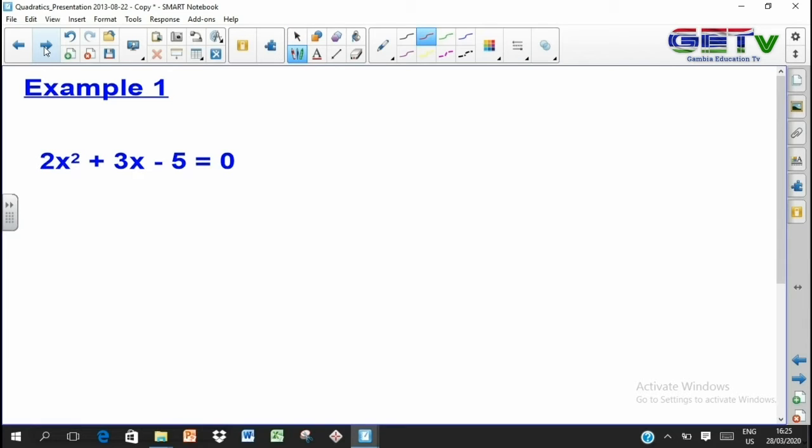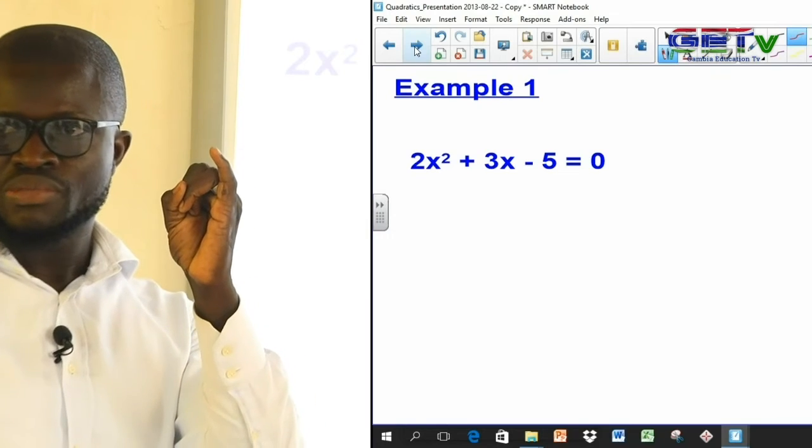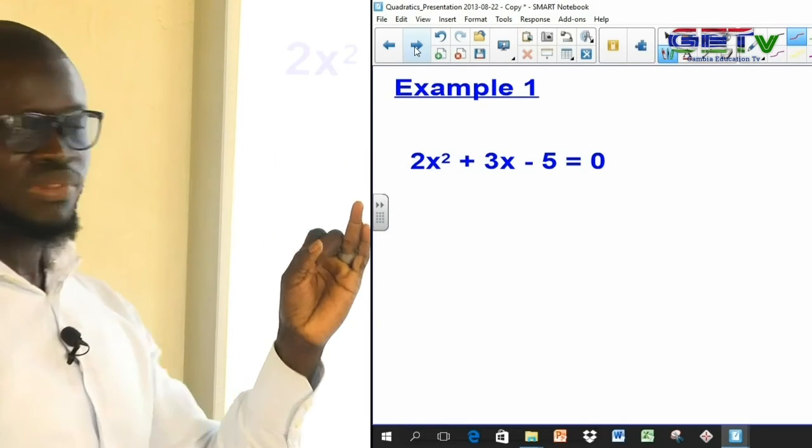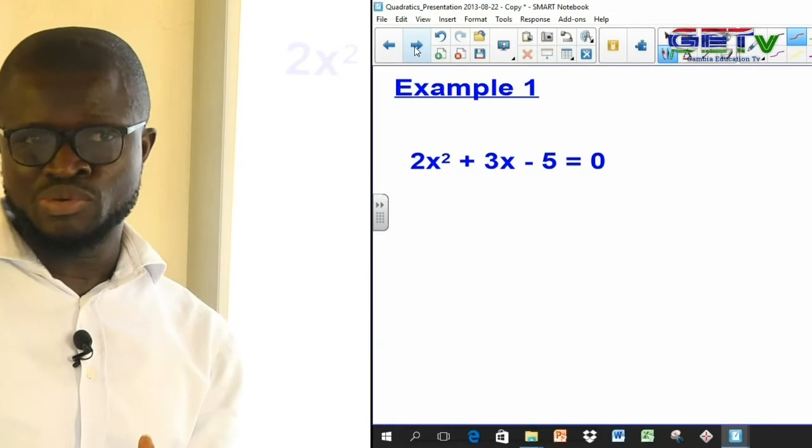The first example is: solve 2x squared plus 3x minus 5 equals 0. I am going to give you a pattern that we are going to walk through when a question is given. The first advice I will give is always try to identify your a value, your b value, your c value before doing anything. Can we do that together, please?